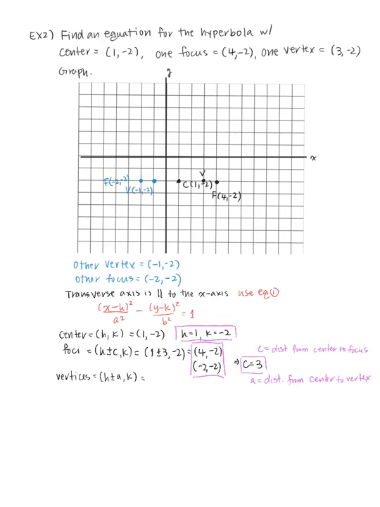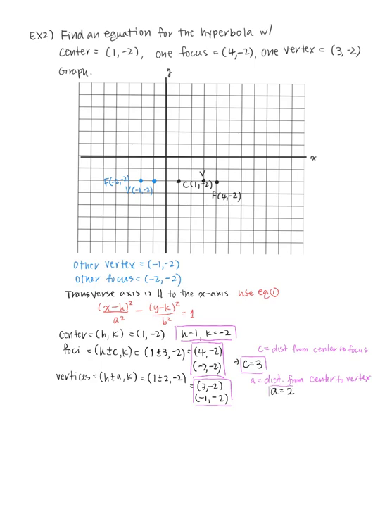So in this case, it's 2. So let me just fill in the blanks. So here you're going to have 1 plus or minus 2, comma negative 2. So we're going to have (3, -2) and then (-1, -2). Oops, I forgot to write a equals 2.